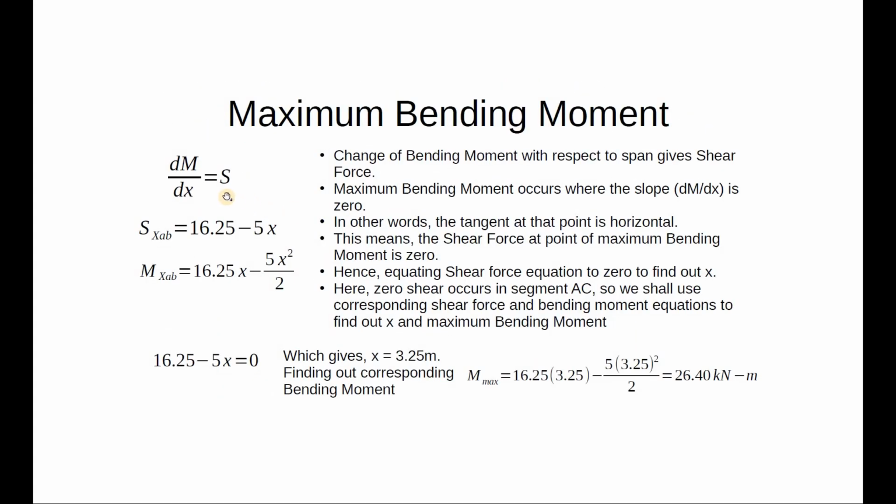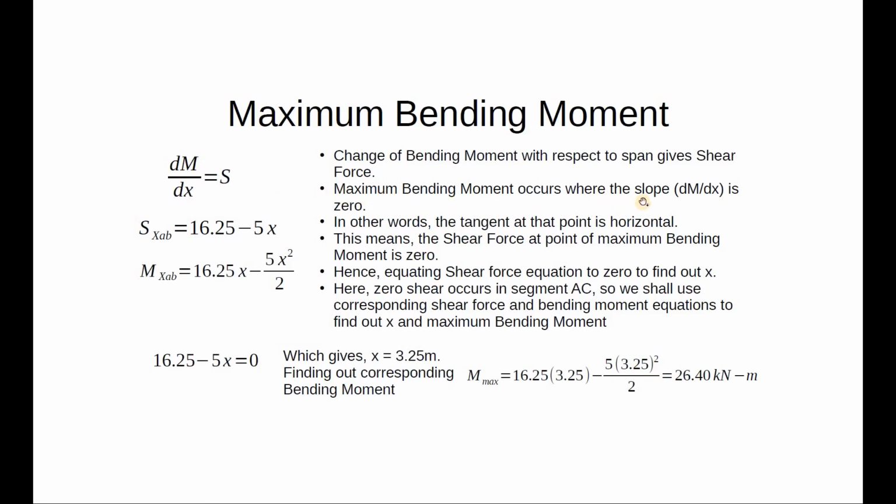As I mentioned earlier, bending moment and shear force are related to each other. The change of bending moment with respect to change of span gives us shear force. dM over dx is nothing but the instantaneous slope of the bending moment diagram.